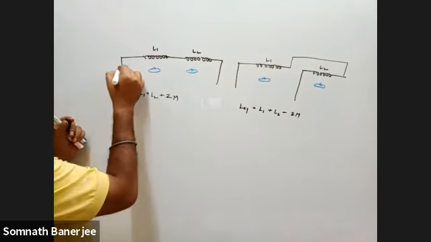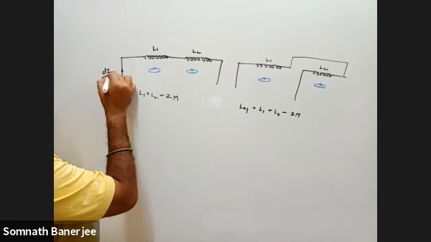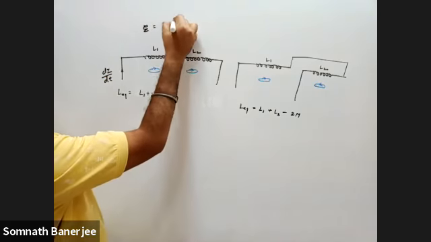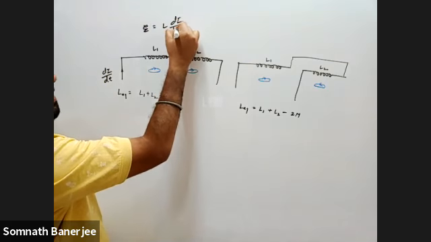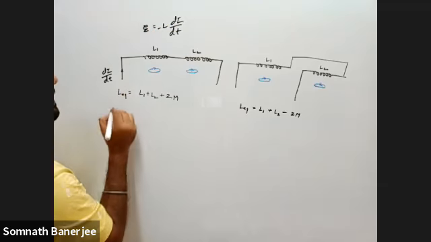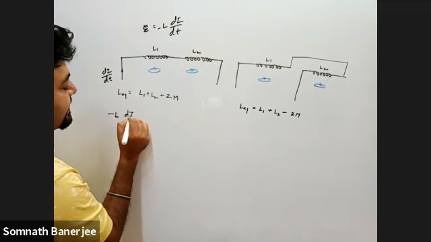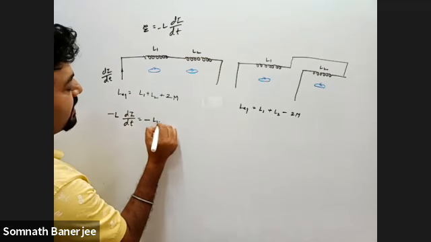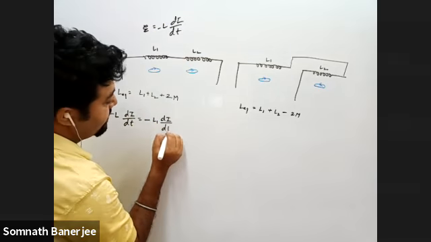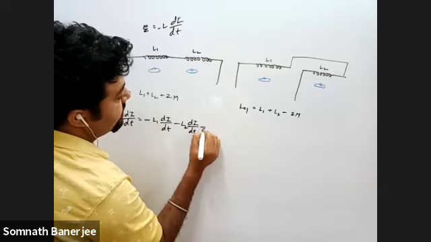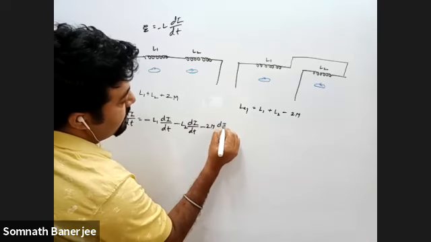On that basis, if you send some amount of current with di by dt, we know the induced EMF is L di by dt or M di by dt with a negative sign. So if we multiply both sides by minus di by dt, we get minus L1 di by dt, minus L2 di by dt, minus 2M di by dt.